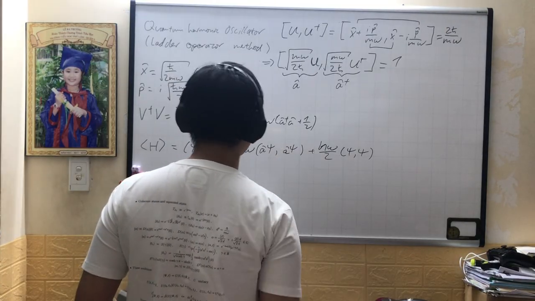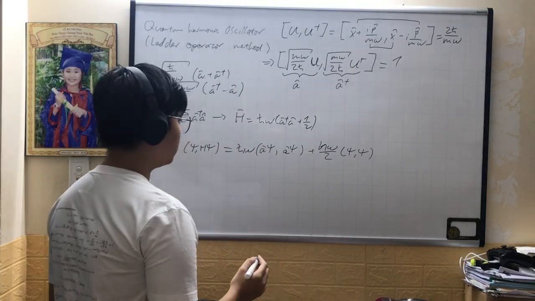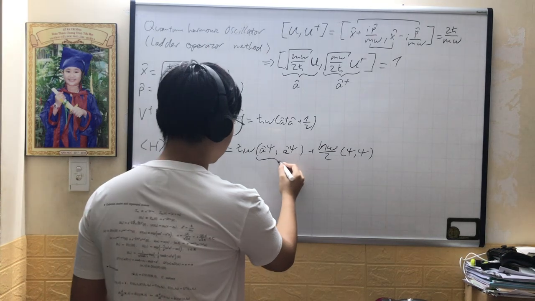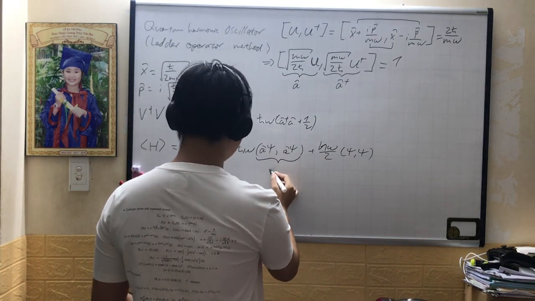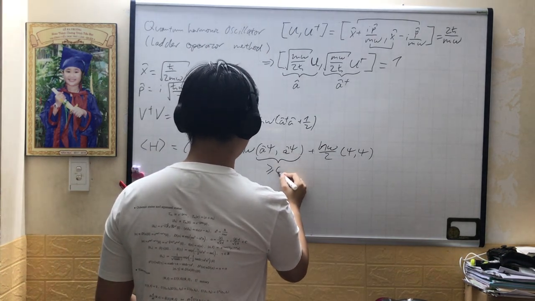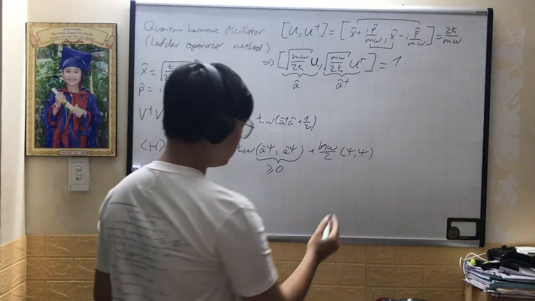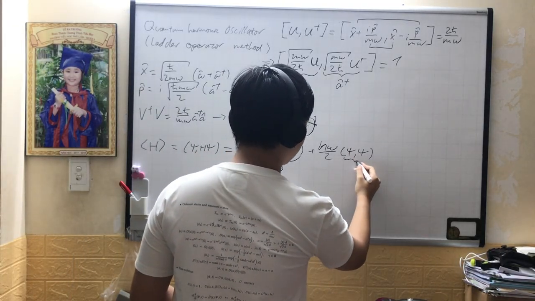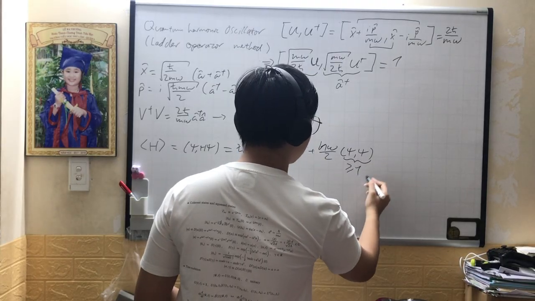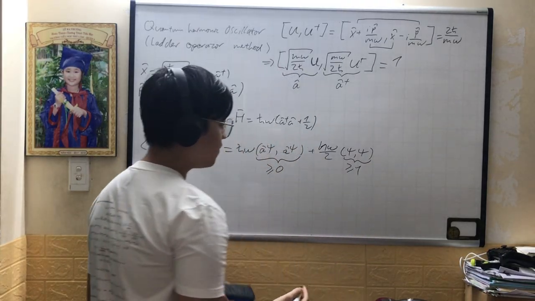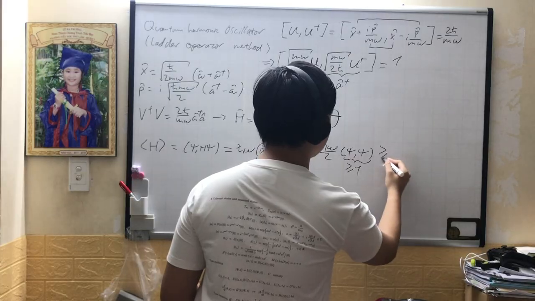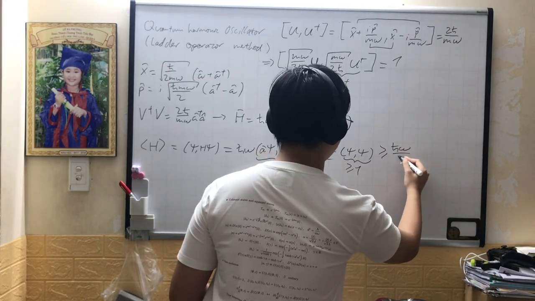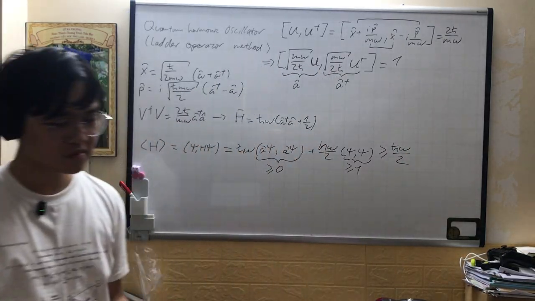Okay, so we can say that this inner product is always going to be greater or equal to 0. And this one, assuming normalized, would be greater or equal to 1. Therefore, this has to be greater or equal to h bar omega over 2.